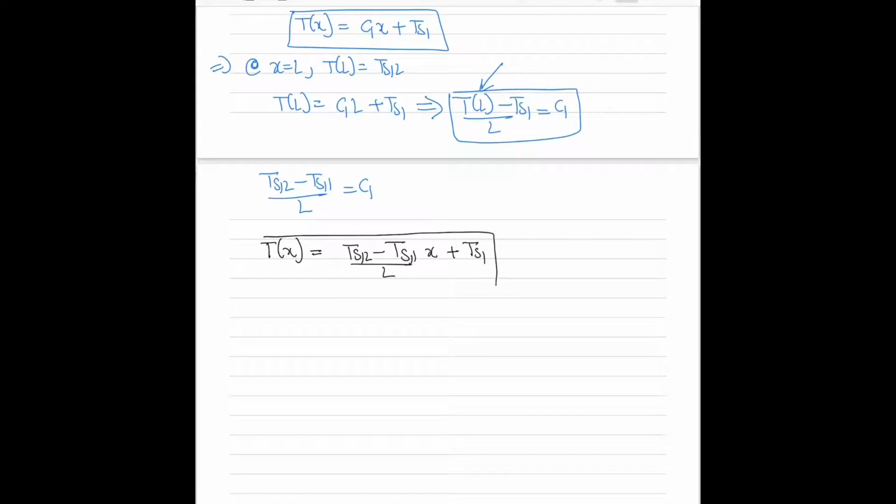So this is our temperature distribution inside the slab, and this is a linear equation.